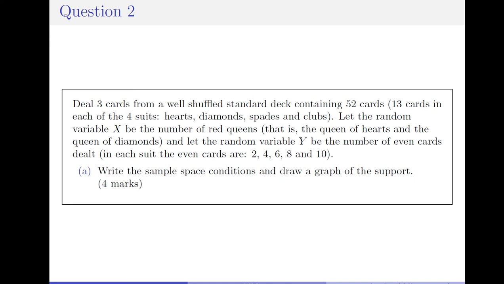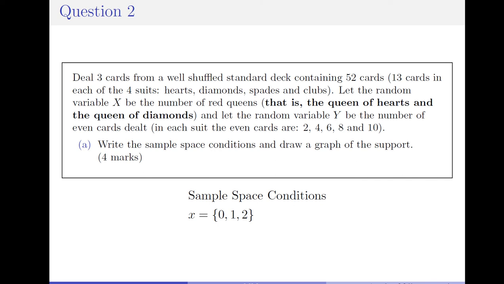So the first thing we do is we reread the question, and if we're starting with x's, we're actually told in the question that there are 2 red queens in the deck, the queen of hearts and the queen of diamonds. So that means the maximum value that x can take is 2. So you can draw from the 3 cards you're dealing at most 2 red queens, because that's how many there are in the packet.